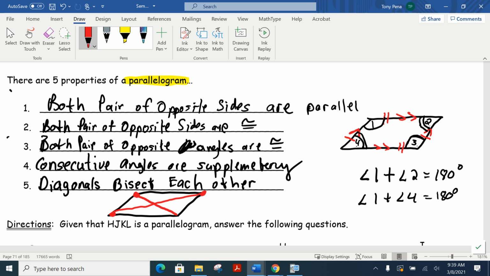Those should be bisecting each other. So what that would mean is this segment here and this segment here would end up being congruent because the overall segment got cut in half. And then since the longer one gets cut in half, that means this part would have to be congruent to this part. So this point right here is the midpoint for both of your diagonals when they intersect.